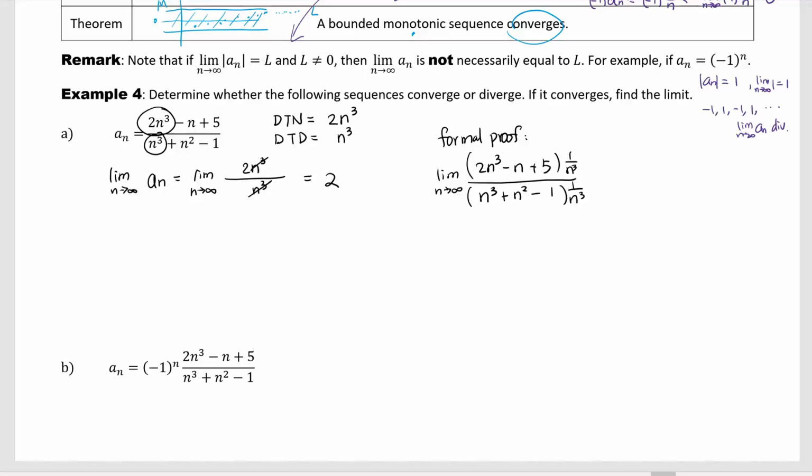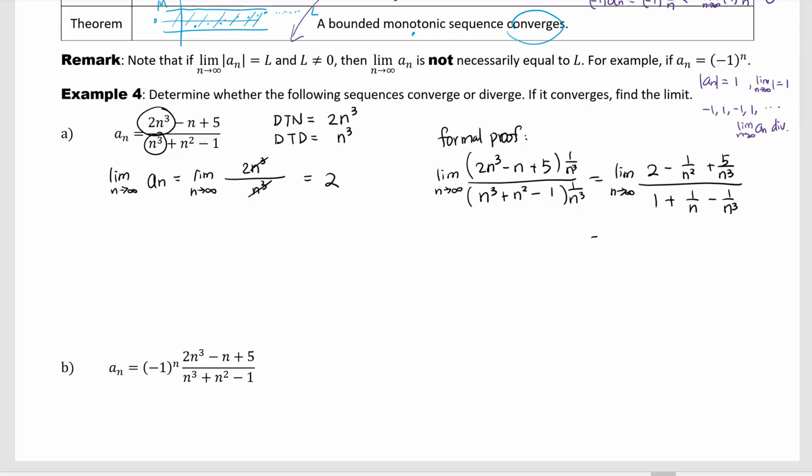So you divide by the highest powers. And then you distribute. So the first term, 2n cubed over n cubed is 2. And n over n cubed is 1 over n squared. Then we have 5 over n cubed. And then the bottom, n cubed over n cubed is 1. n squared over n cubed is 1 over n. Then we have 1 over n cubed.